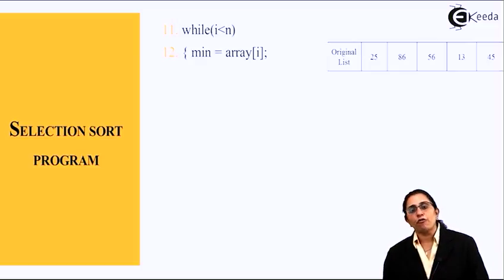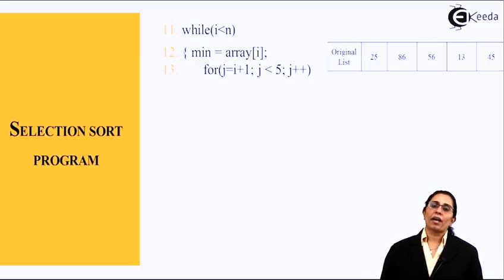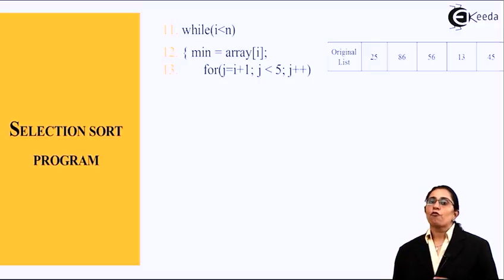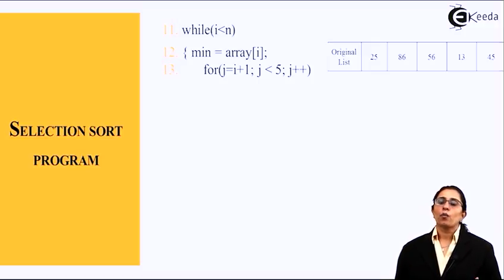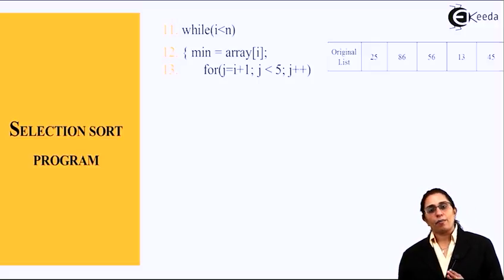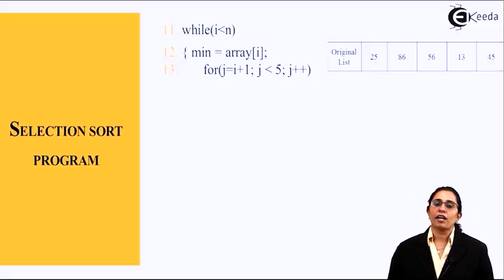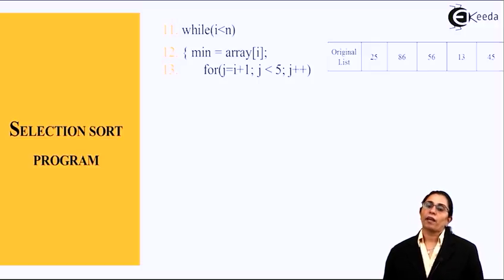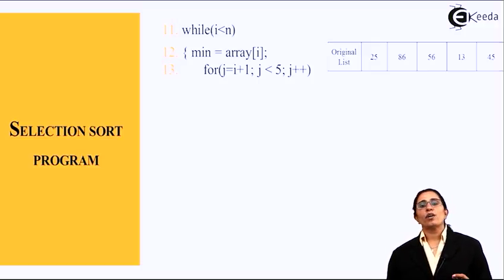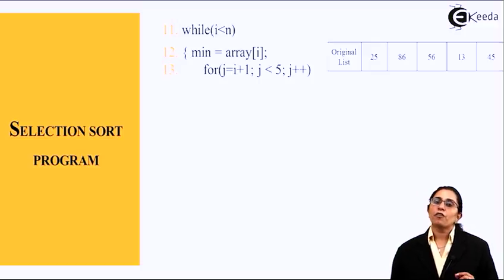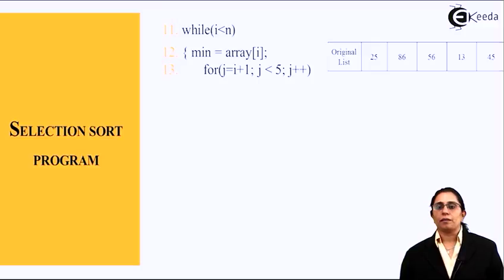Now we have the for loop, as we have to compare all other elements of this array with this value. We say for j equal to i plus 1, j less than 5, j plus plus. Here I have taken the value as 5, but we've already initialized the scanf value of n.